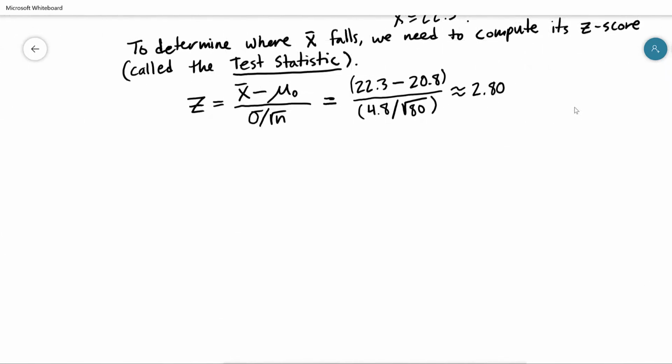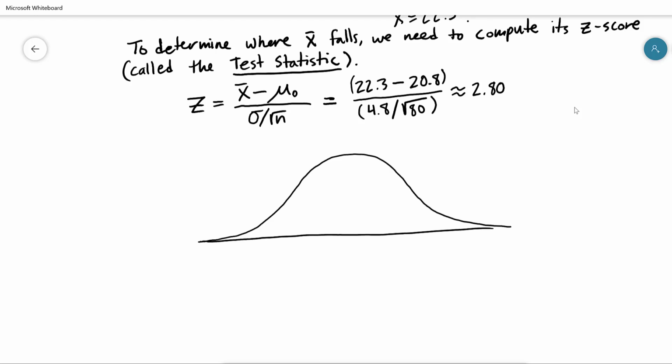Okay, so now I can actually locate this on the graph. I'm going to redraw our graph here. Here's all the possible x bars. The center of this graph by assumption is 20.8. And ballparking where these standard deviations occur, maybe there-ish, there-ish, there-ish. We just found that this one had a z-score of 2.8. It's way over here.